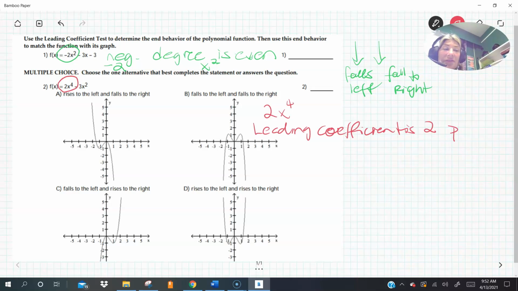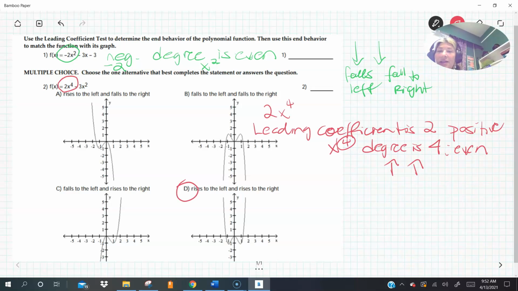That's positive. X to the 4th, the degree is 4. That's even. Positive even have both ends of our graph going up. Therefore, the correct answer has to be D. It is the only one that shows both ends going up.